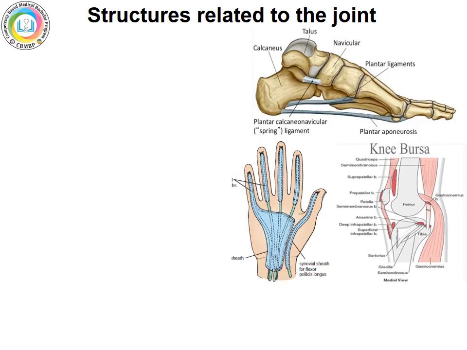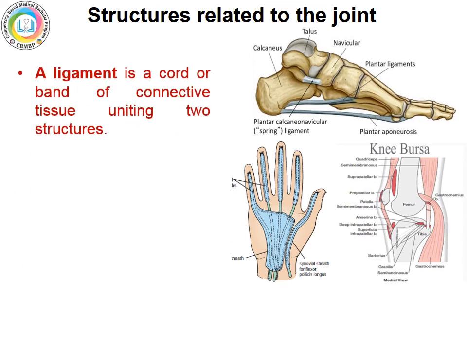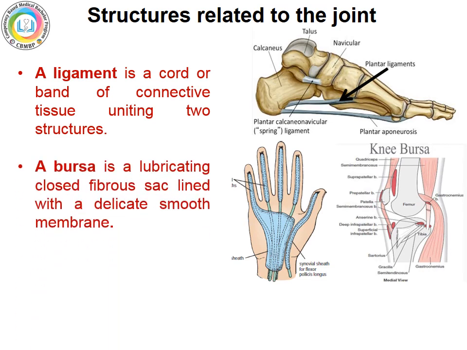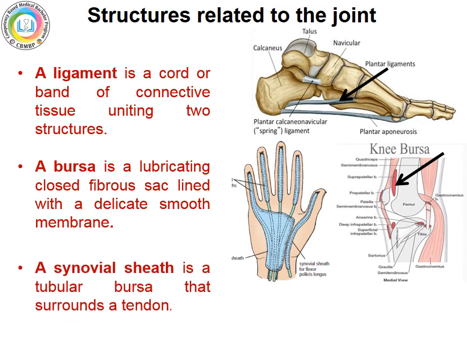Now let us define some structures related to the joint. Number one, a ligament. A ligament is a cord or band of connective tissue uniting two structures. Number two, bursa. Bursa is a lubricating closed fibrous sac lined by a delicate smooth synovial membrane, containing synovial fluid.